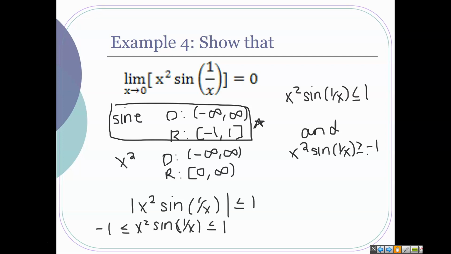Well, what we do then is look at x squared's limits. So because we've only talked really about sine, what's the limit as x approaches 0 of x squared? Not a trick question. It's 0.